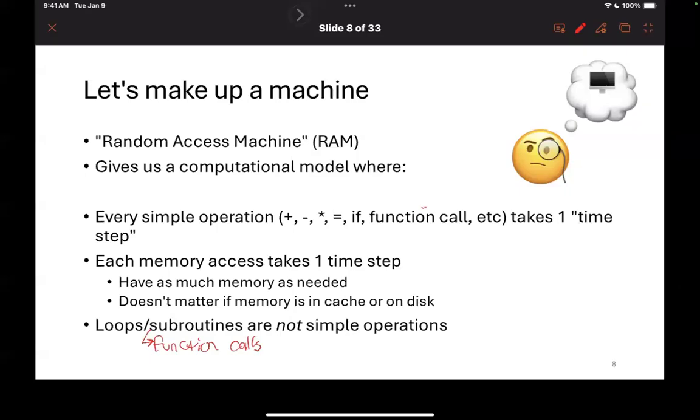Calling the function, let's say the function hello, is one thing, but actually doing the stuff in the function hello is a different matter entirely, because hello could have 300 for loops all nested inside of each other. I don't want to assume that that takes constant time. So actually doing the subroutine, the loops, is a different matter.